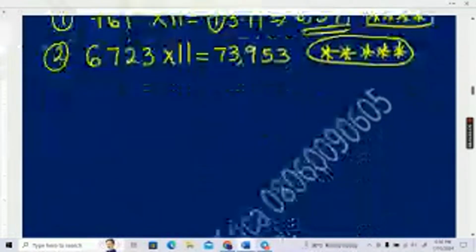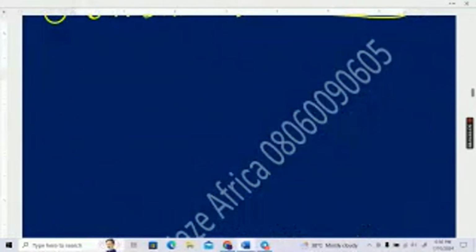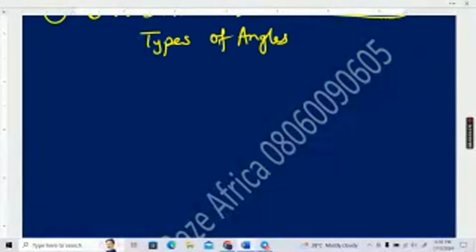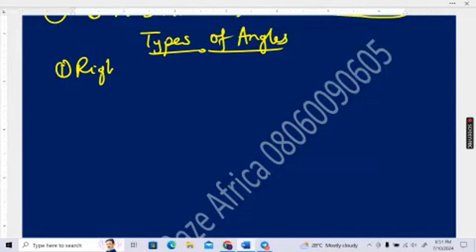Amazing. So previously we have been learning different types of angles, and right now I'll quickly show you more types of angles. We have learned right angle, which is an angle of 90 degrees.